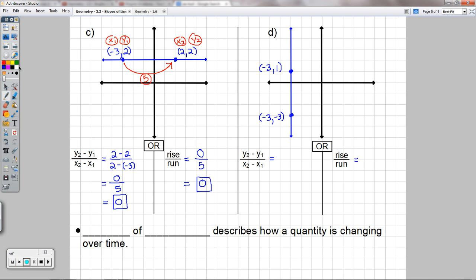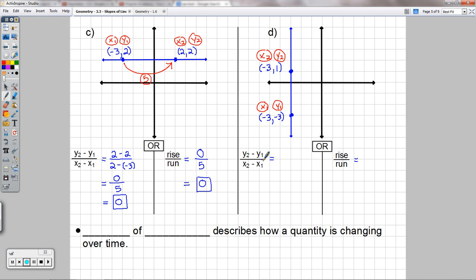On this, there's really no leftmost point, so I'll just call this bottom one x1, y1, and this top one x2, y2. Usually I go left to right, but if it's a vertical line, there is no leftmost point.